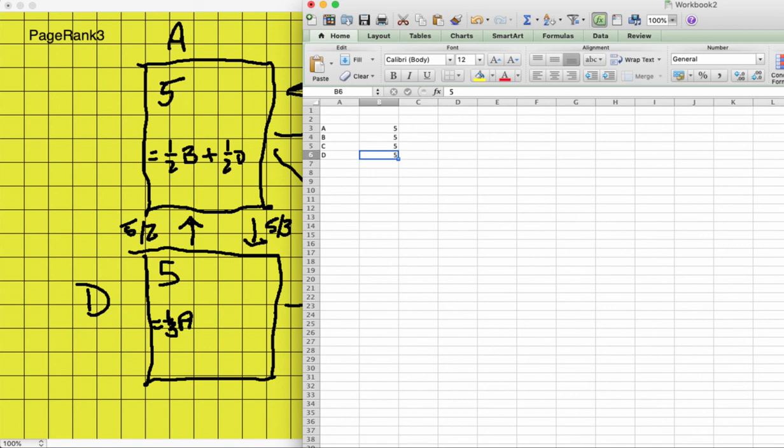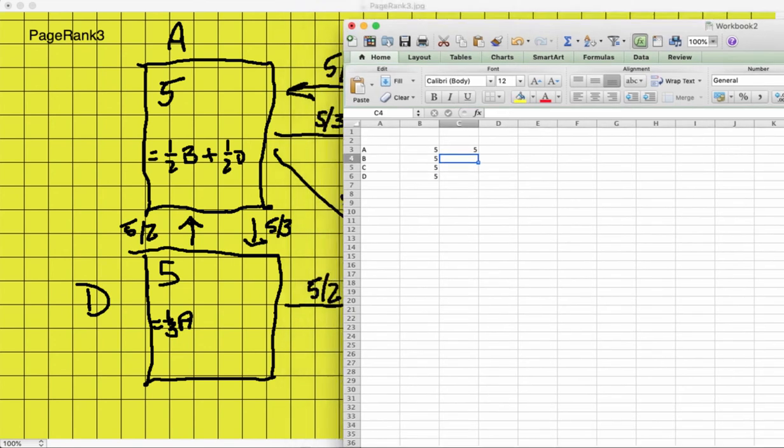And then 1/2 of D, and that's B6. So I'm going to say that is equal to 0.5 times B4 plus 0.5 times D, well, D is B6. Okay, so that just came back to 5.